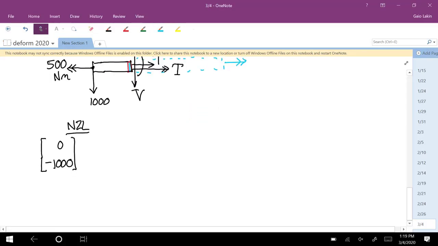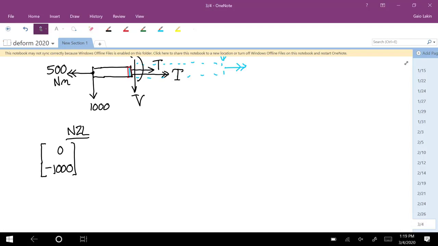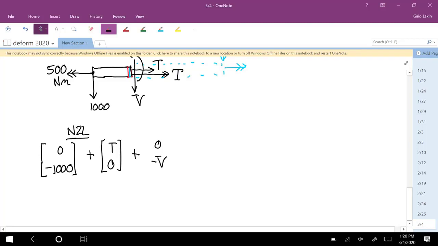Okay, so let's just keep going through these forces. We have the 1,000 going down. We have the tension going to the right, so the positive x direction, so that's T0. The V is in the negative y direction, so now writing this in vector form, that's 0, negative V. That can be a little confusing.